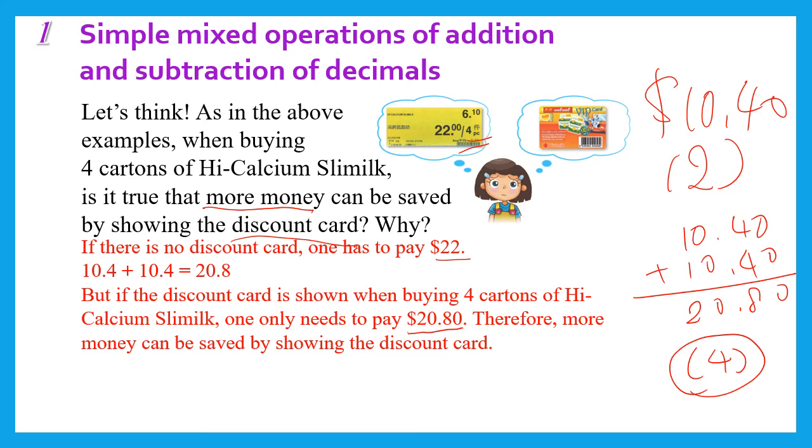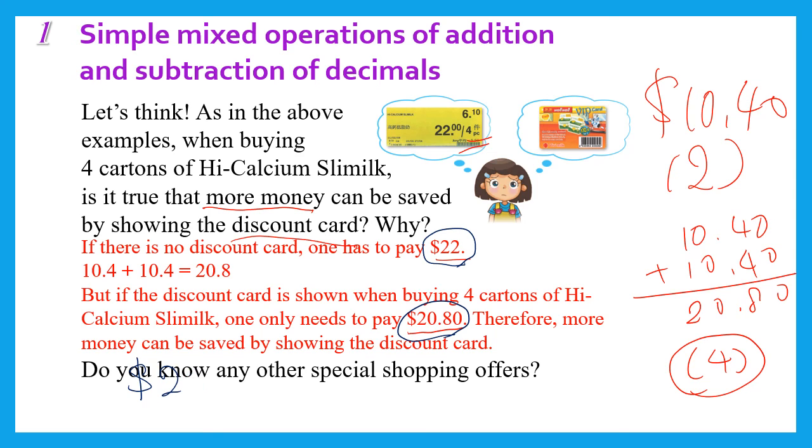So for this question, I want to explain something about the dollar sign here. If you have the dollar sign and you don't have a decimal point, then you just write down the dollar amount directly.